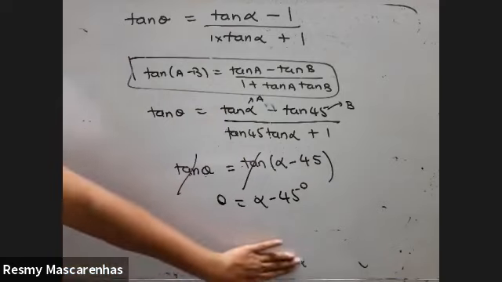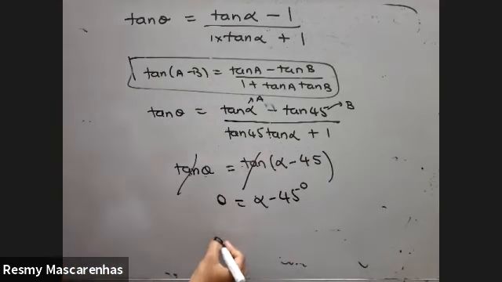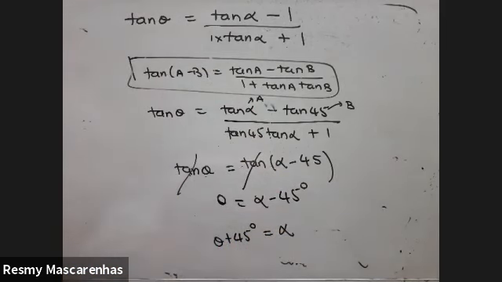So what is the value of alpha now? You bring 45 degree this side, then alpha equals theta plus 45 degree. Next, we have still not reached the answer. Now there is one more part which they have given.